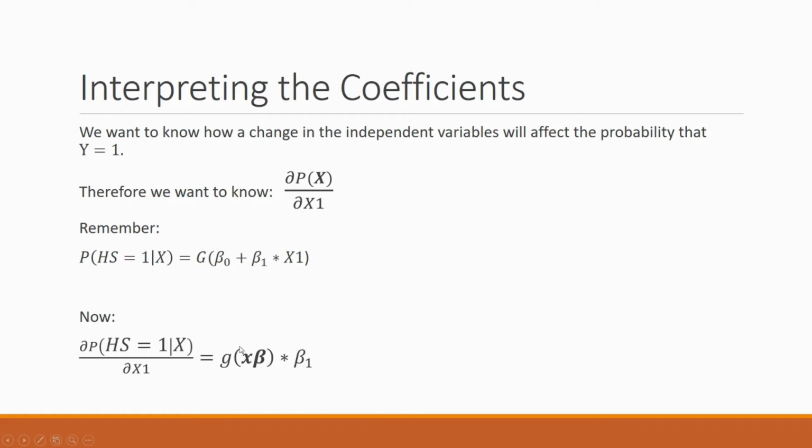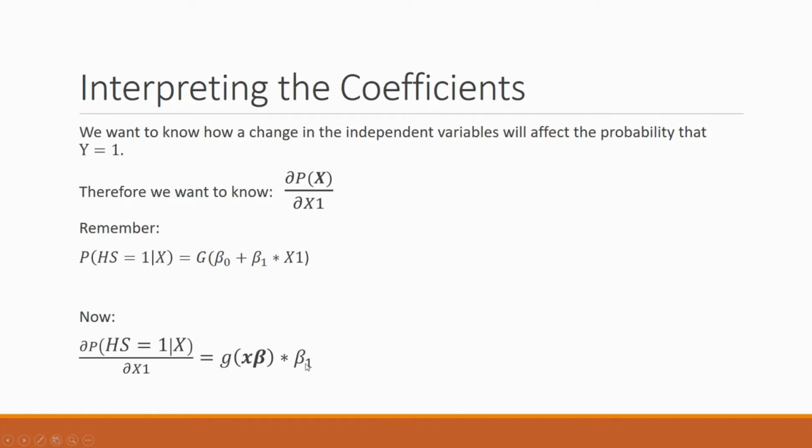But when we're using a Probit or a Logit model, and we want to know the effect that x1 has on the probability of the dependent variable equaling 1, we find that it's beta 1 times some other function. Why is that important? Because beta 1 hat, when we estimate this in a Probit or Logit model, is not going to give us the marginal effect.